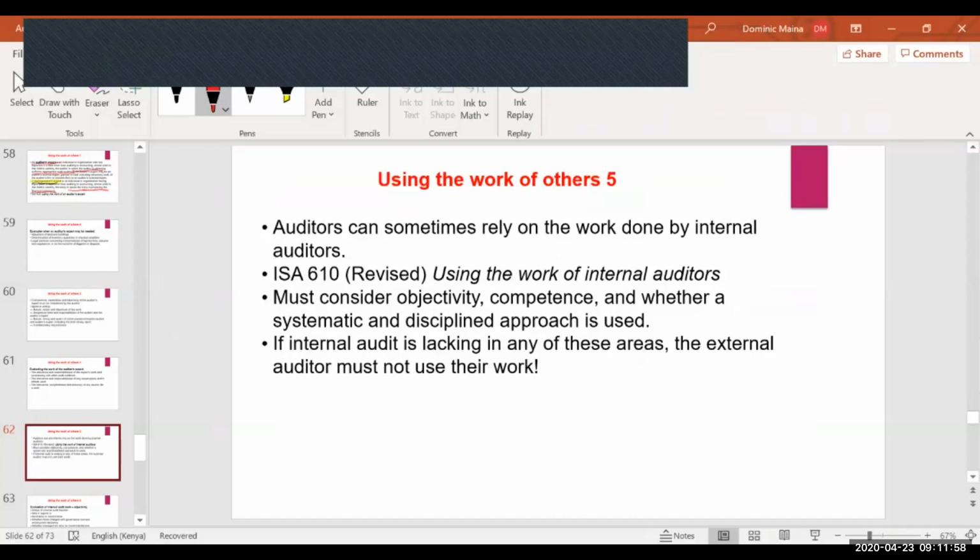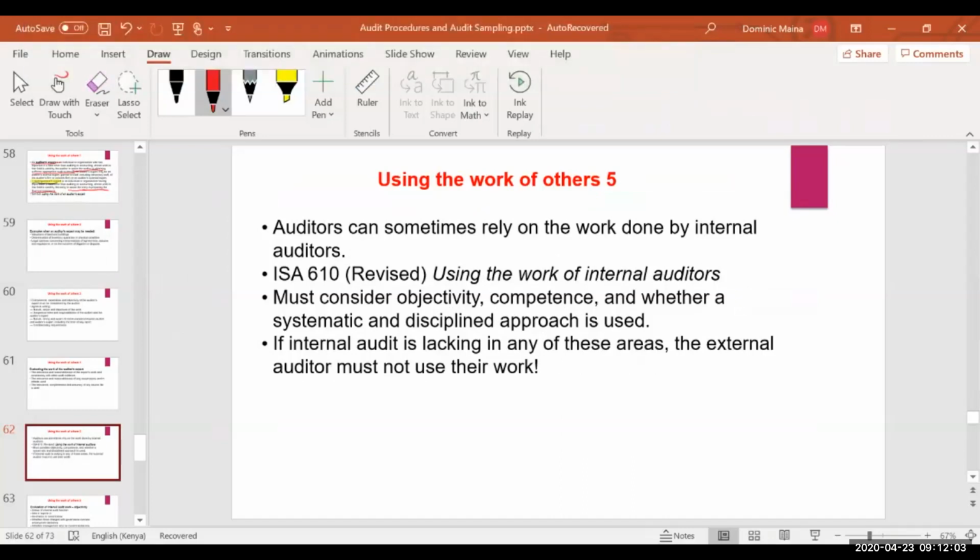In ISA 610, this is another ISA which I did fail to mention, on using the work of internal auditors. Now, as an auditor, if you still remember, when we did the comparison, I think in chapter 5, between the internal auditor and the external auditor, we mentioned some of the things you may want to consider when it comes to reliance on the work of the internal auditor.